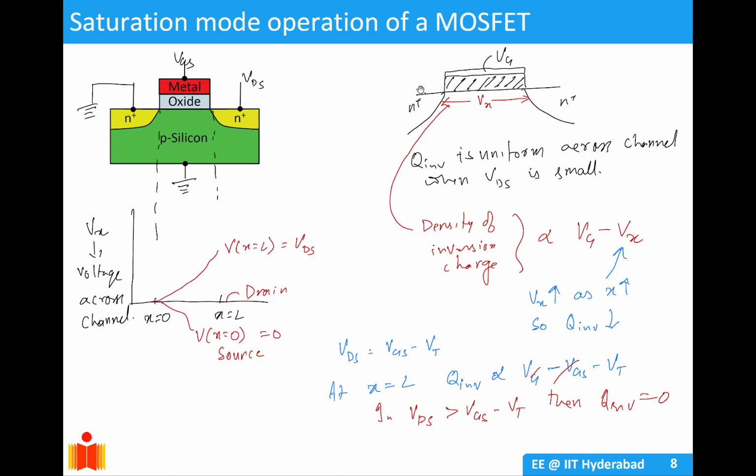The inversion charges in this channel are uniform when VDS is small, but when VDS becomes large, the inversion charges start seeing the effect of this VDS voltage drop, and the density of inversion charges becomes proportional to VG minus Vx, where Vx is the voltage drop.